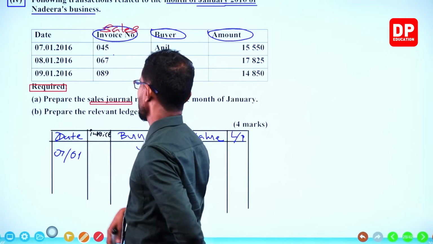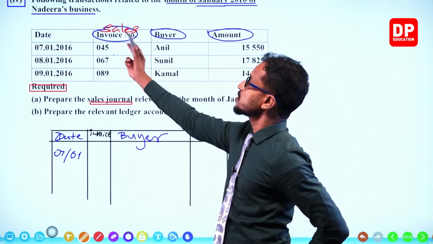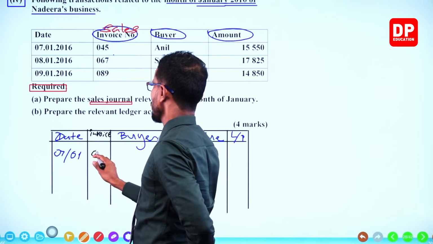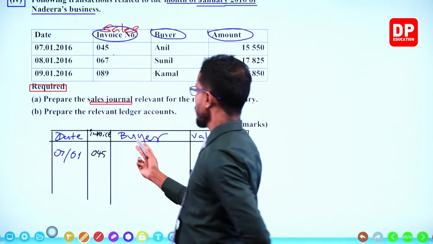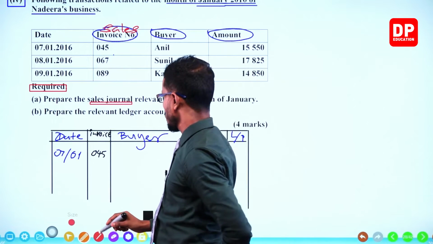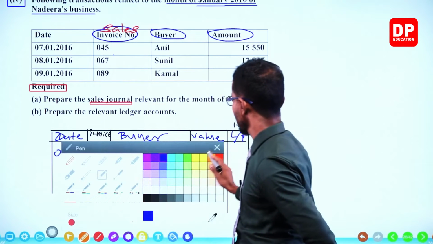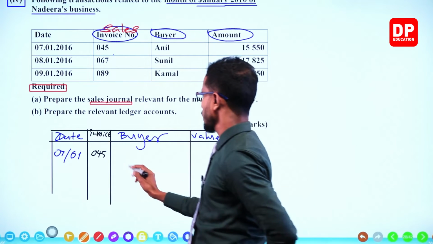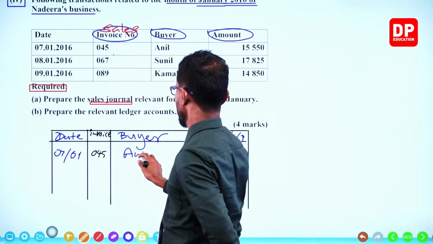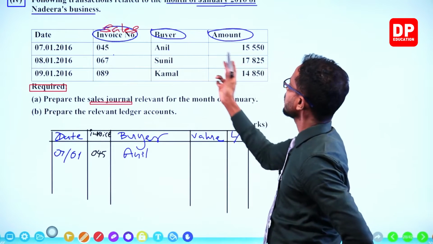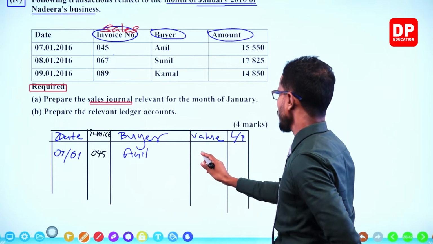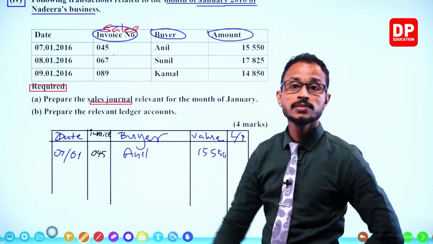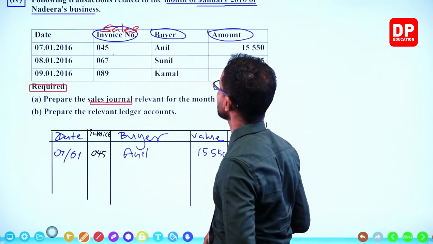Invoice number 045. Buyer is Anil. Amount is 15,550. Done.